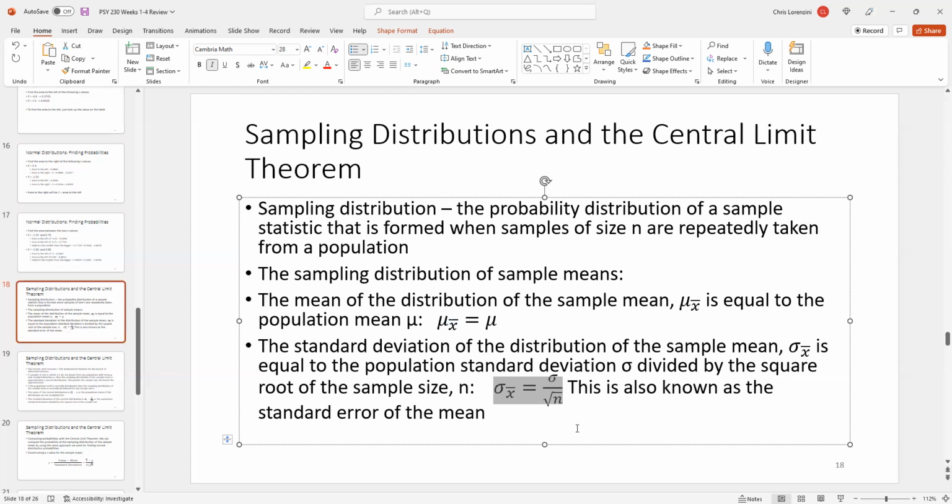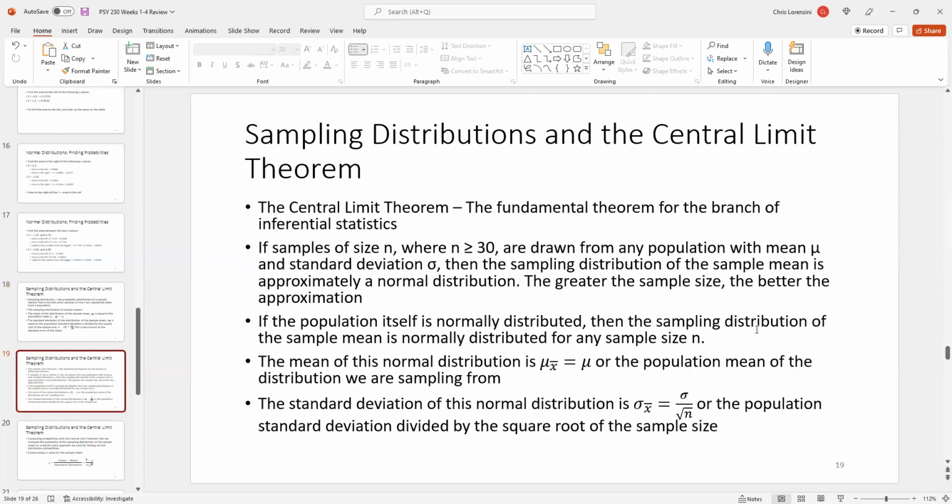For example, if I have 35 of you in the class and take a sample of size 5, my estimate for the mean may not be that good, might be off. But if I collect 15 of you, it's going to get closer to the actual value of the mean. 25 of you, I'm going to get even closer. If I had 30 of you, even closer. So as my sample size increases, so does the quality of my estimate of the population mean.